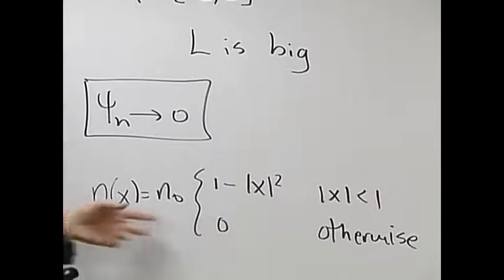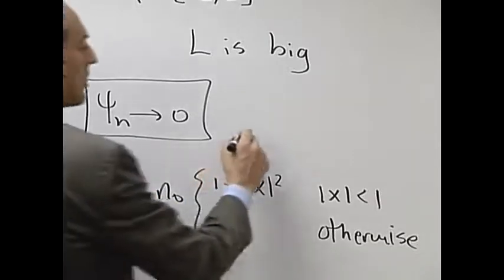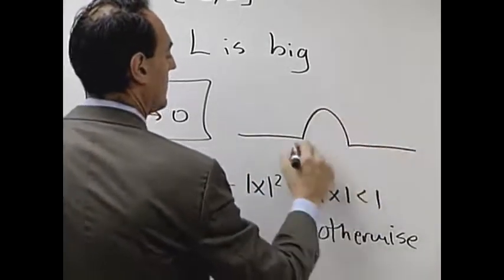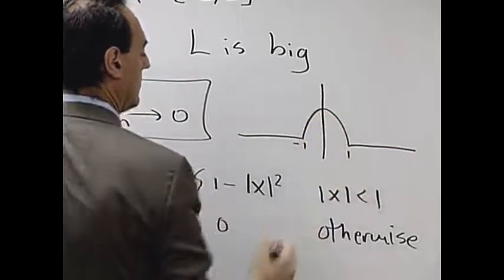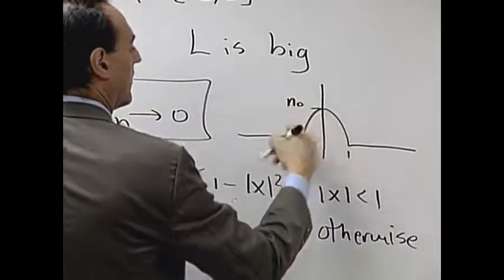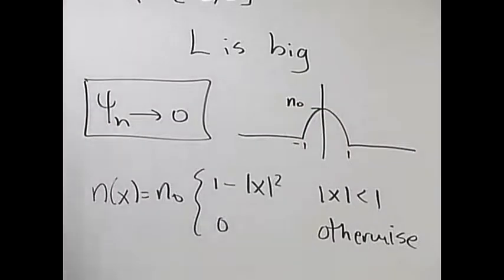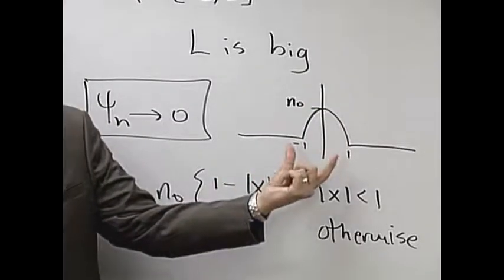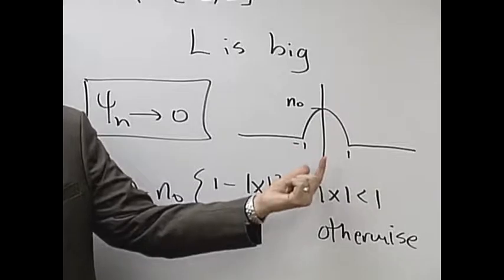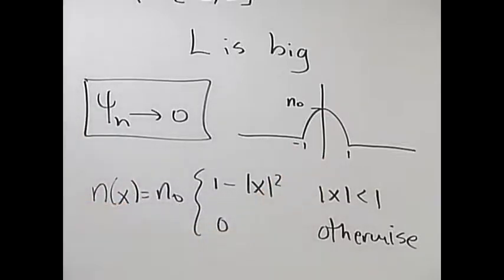So n of x takes on some value, and it looks something like this. The height is n0. This is what n of x is going to look like. It's only going to play a role between -1 and 1. So we'll take that as what n of x is. Now I can start addressing this question here.